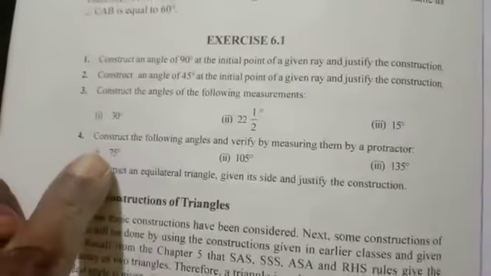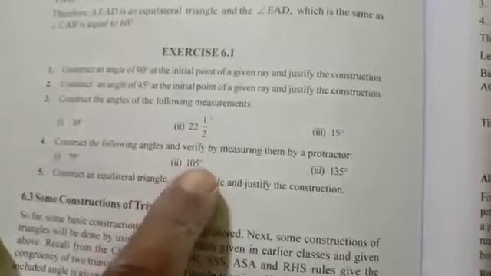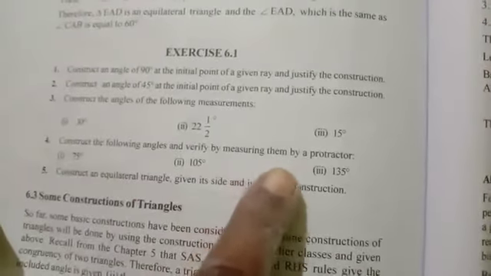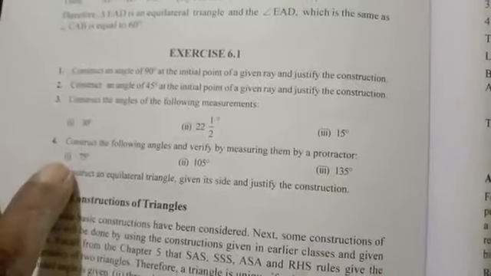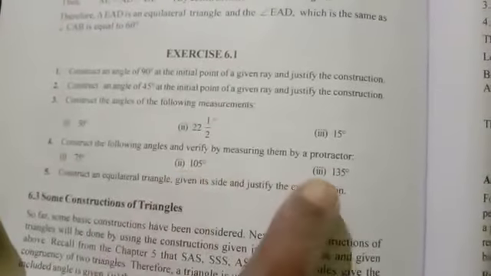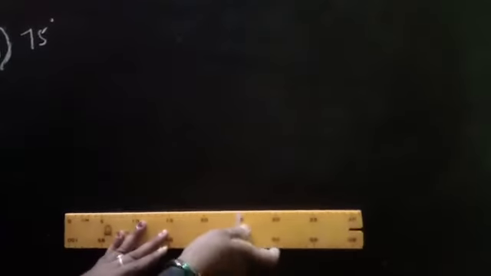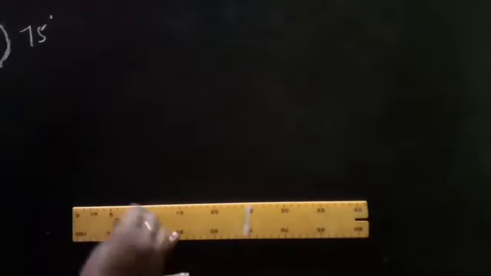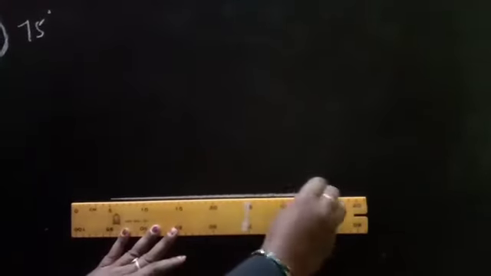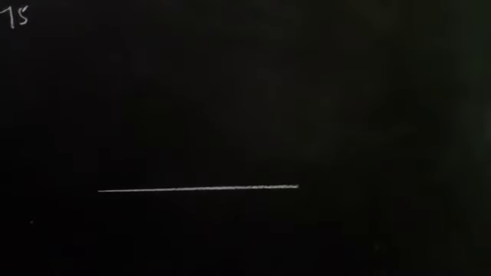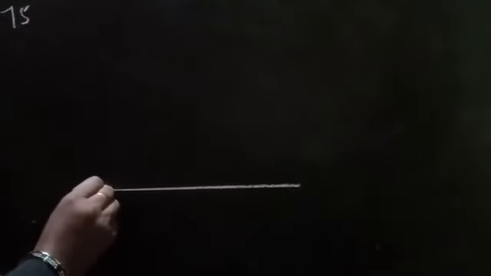Fourth question is, construct the following angles and verify by measuring them by a protractor. First is 75, 105, 135. 75 degree. First, draw a straight line. Take the compass.